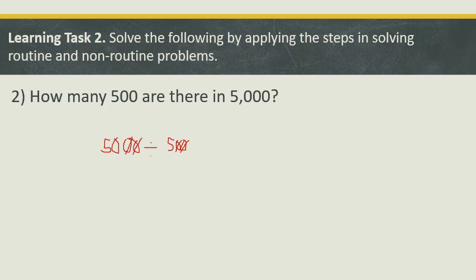So, ang matitira na lang natin ay 50 divided by 5. 5 divided by 5 is 1. 1 times 5 is 5. 5 minus 5 is 0. Bring down 0 tayo. 0 divided by 5 is 0. 0 times 5 is 0. 0 minus 0 is 0. Ngayon, ilang 500 meron sa 5,000? We have 10.